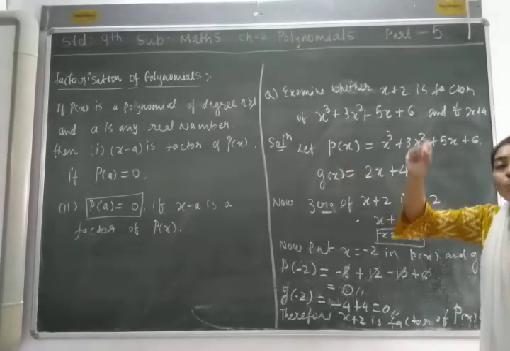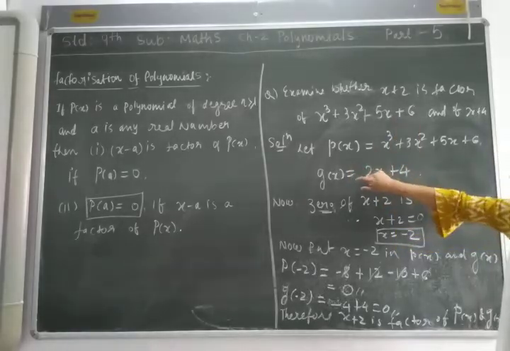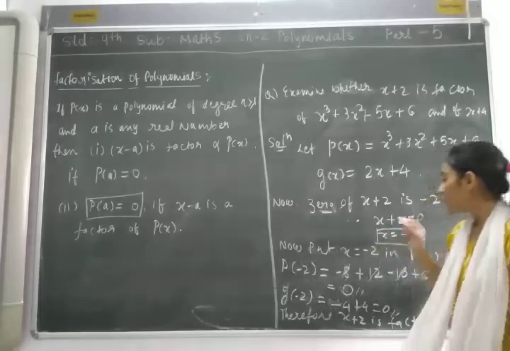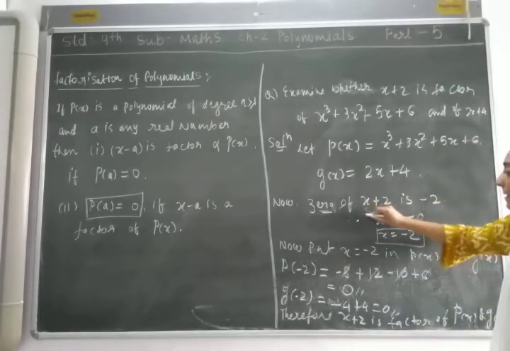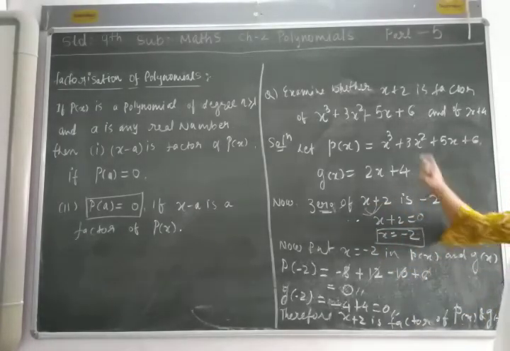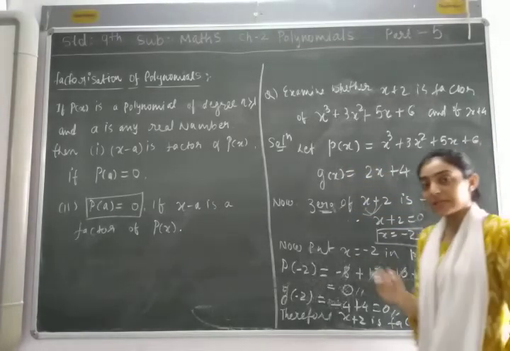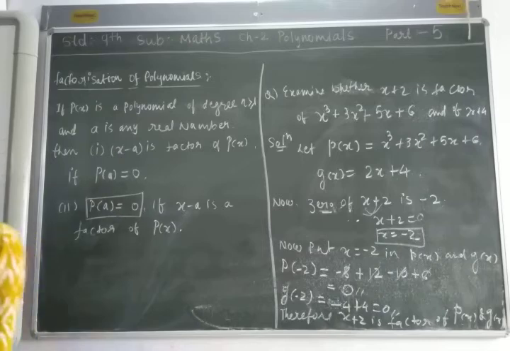If I get 0, that means that number is a factor of my given polynomial. If I am not getting 0, it means it's not a factor of that polynomial.